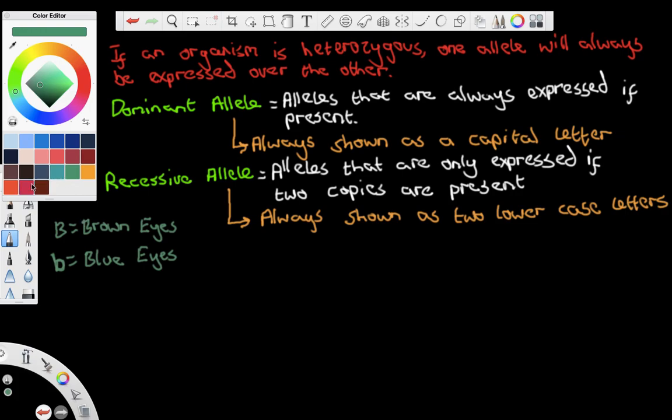I want you to imagine that we've got mom and dad. So dad, we're going to do in this blue colour. This is the dad, the daddy. And dad has got two capital B's. Mom, on the other hand, I'm going to do in this pink colour. Mom has got one capital B and one lowercase b.